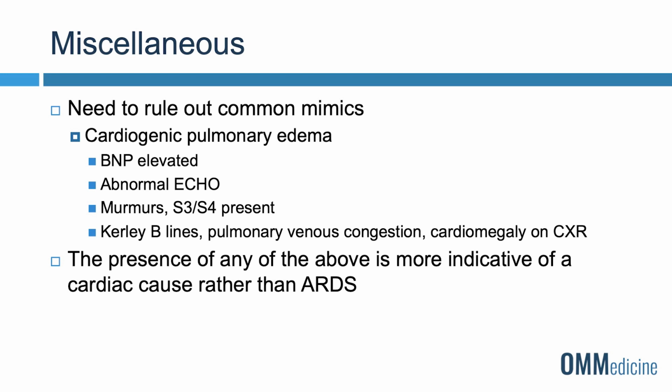And then when we look at the imaging, we'll need to see if there's any Kerley B lines or pulmonary venous congestion or other signs that would indicate that the patient is having a cardiac cause of pulmonary edema. And another one is when we look at the imaging, if the patient has cardiomegaly, that would indicate that the cause is likely more cardiac in nature rather than ARDS, because in ARDS we should not have cardiomegaly.